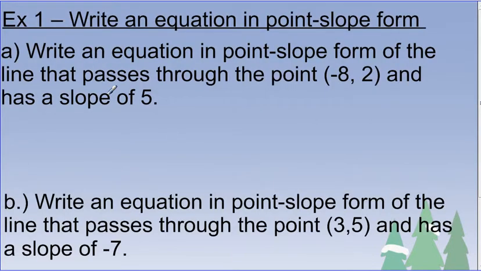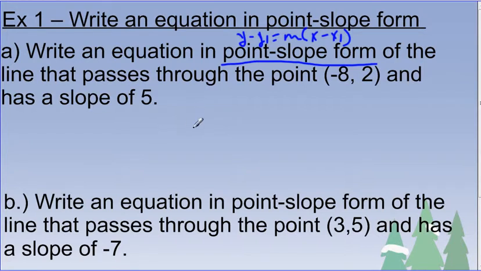So here it says, write an equation in point-slope form. So remember point-slope: y minus y1 equals m times x minus x1. This is the new one we just learned today. Write an equation in point-slope form of the line that passes through that point and that slope. So here's what you do.